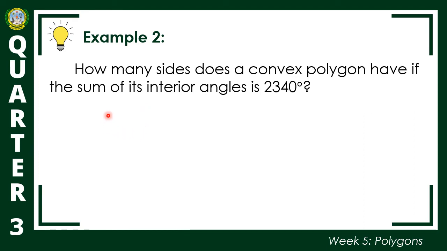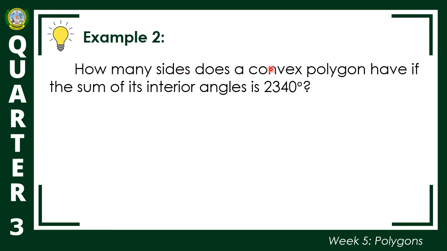Second example, how many sides does a convex polygon have if the sum of its interior angles is 2,340 degrees? So, ang given po ay sum of interior angles. That's 2,340 degrees. Ang tinatanong po is yung number of sides. Okay?